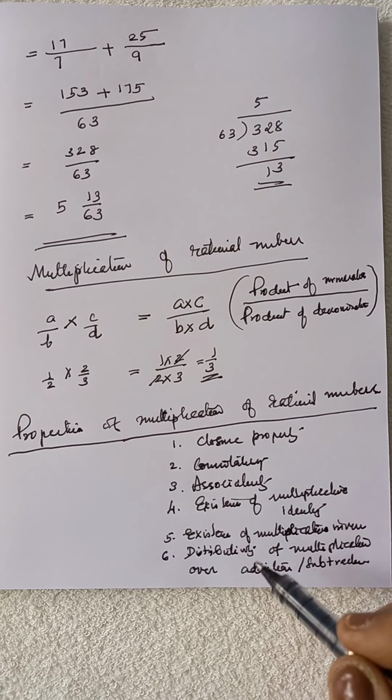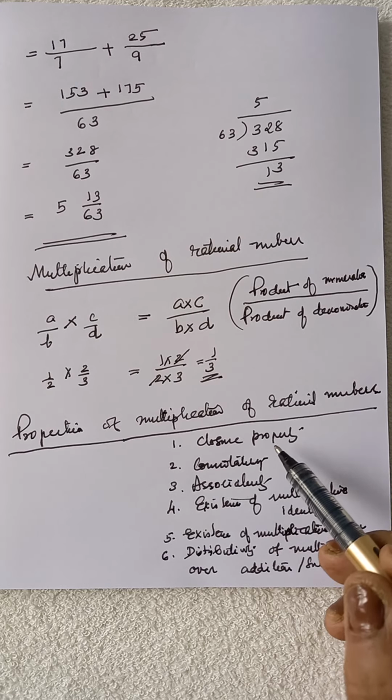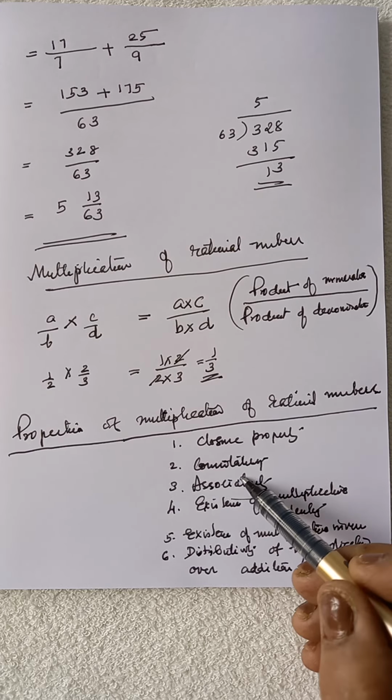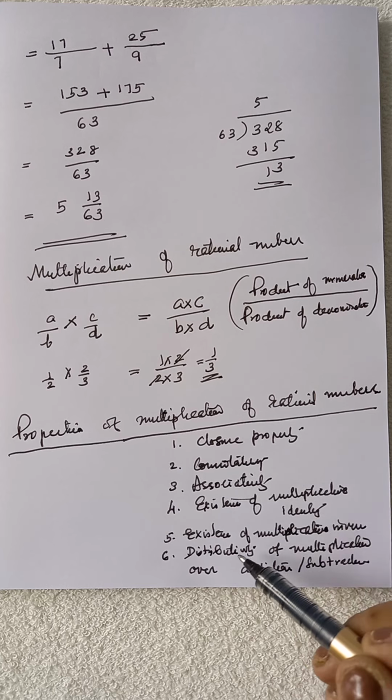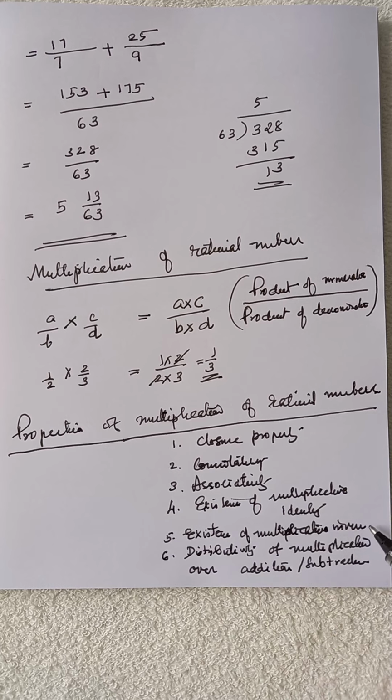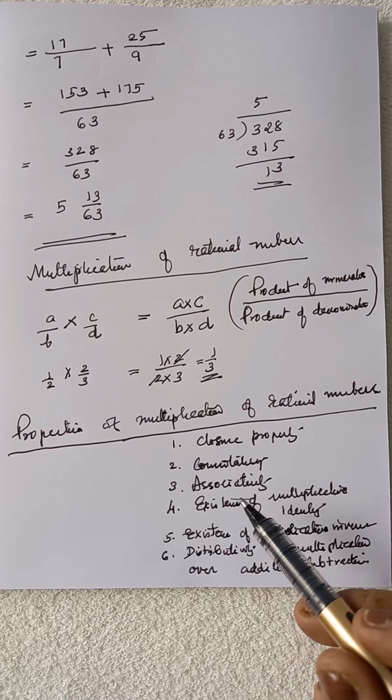So 6 properties are there: closure property, commutativity, associativity, existence of multiplicative identity, existence of multiplicative inverse, now distributivity of multiplication over addition and subtraction. So now let us take one by one.